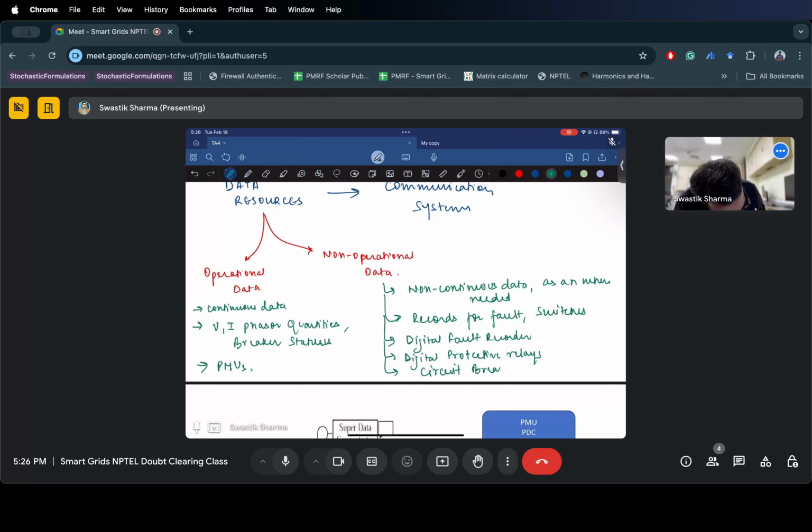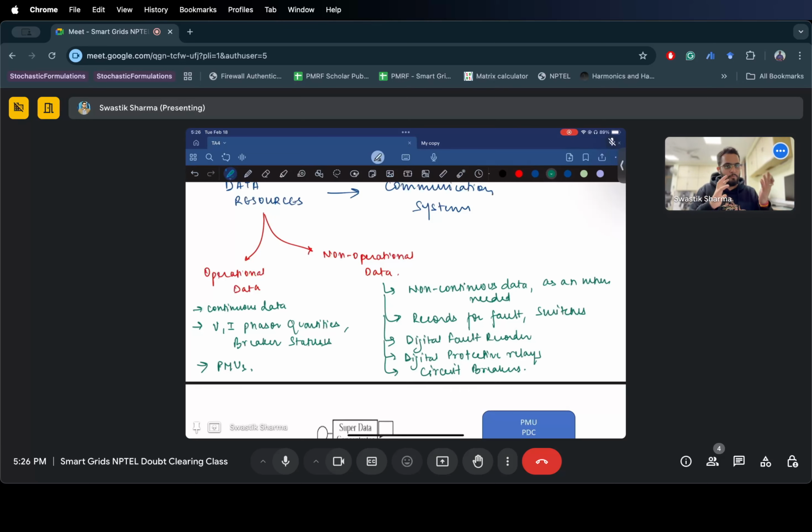So all the data which is not required at all times is called non-operational data. It's only needed as and when a series of faults occur, and it records only for that time period. This digital fault recorder is used to record the pre-fault conditions, just before the fault took place, during the fault, and the post-fault conditions, to monitor.